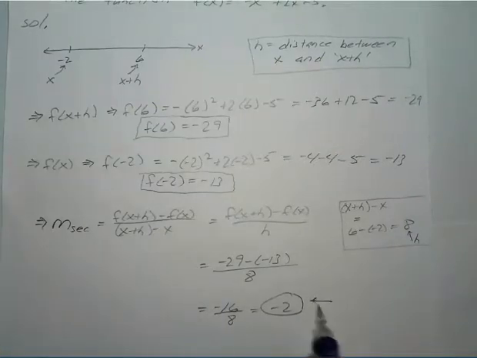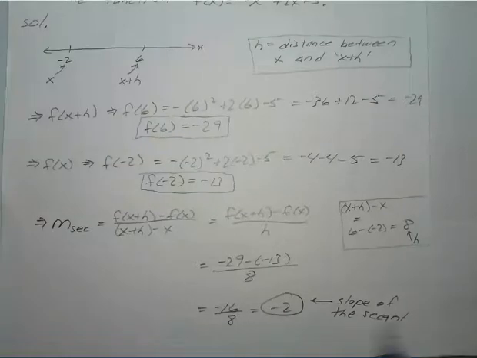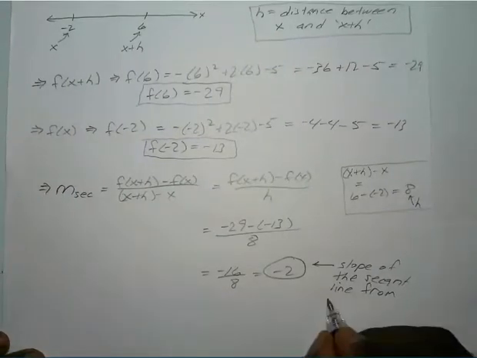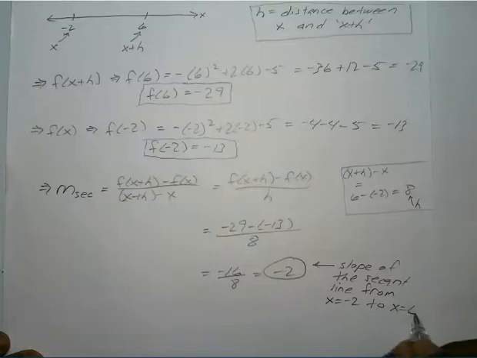And that's your slope of the secant line from x equals negative 2 to x equals 6.